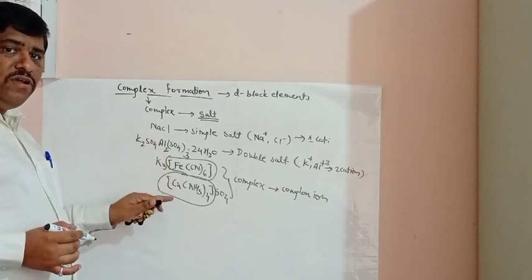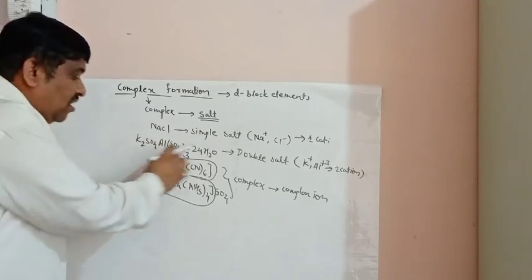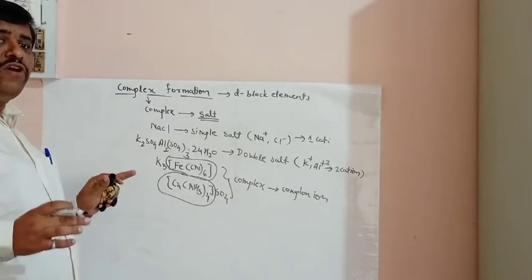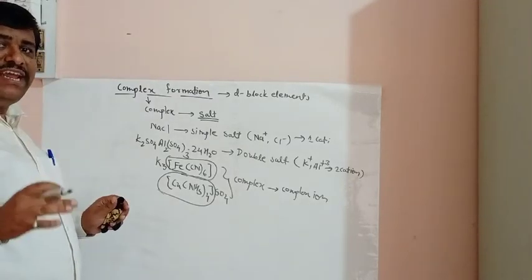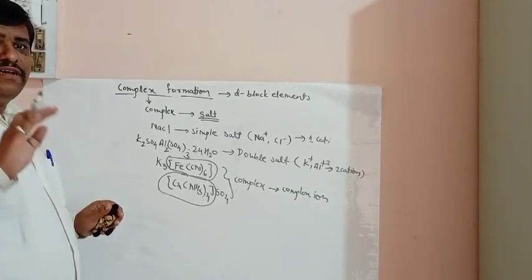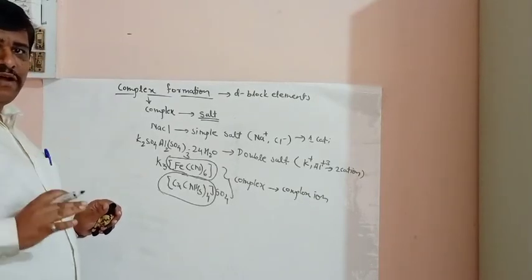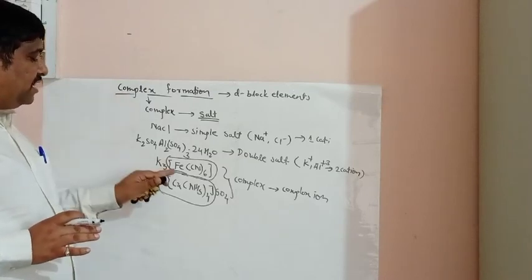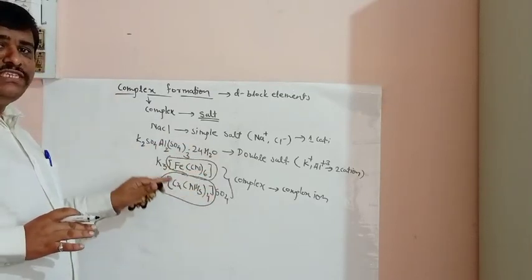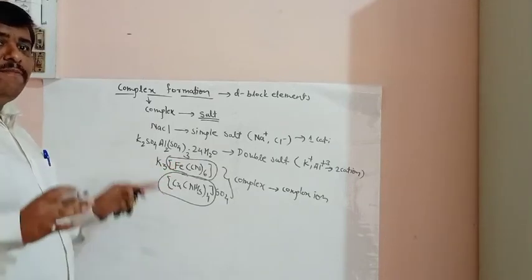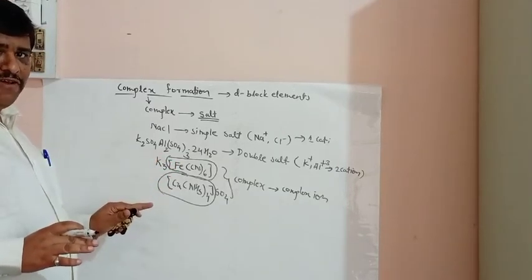The salt which is having the complex ion is called the complex compound. The exact definition in detail you are going to discuss in the next topic, the complex compound or coordination compound. For the time being you have to remember, the complex compound is nothing but the salt which is having the complex ion.